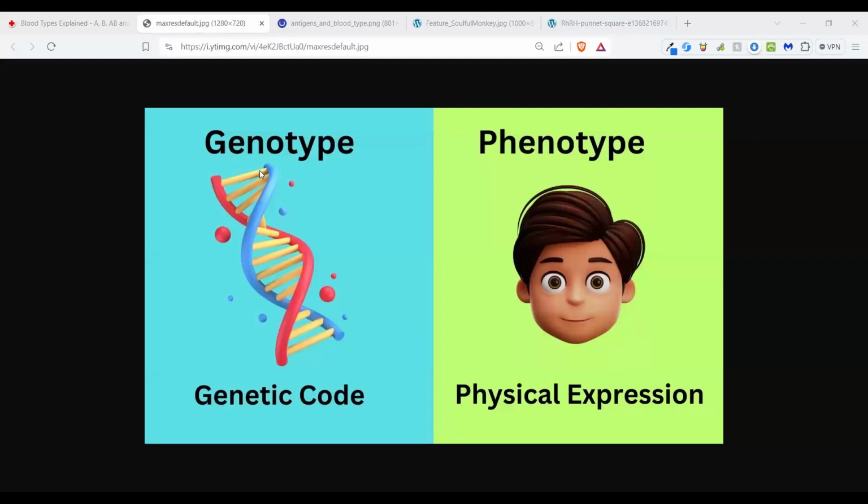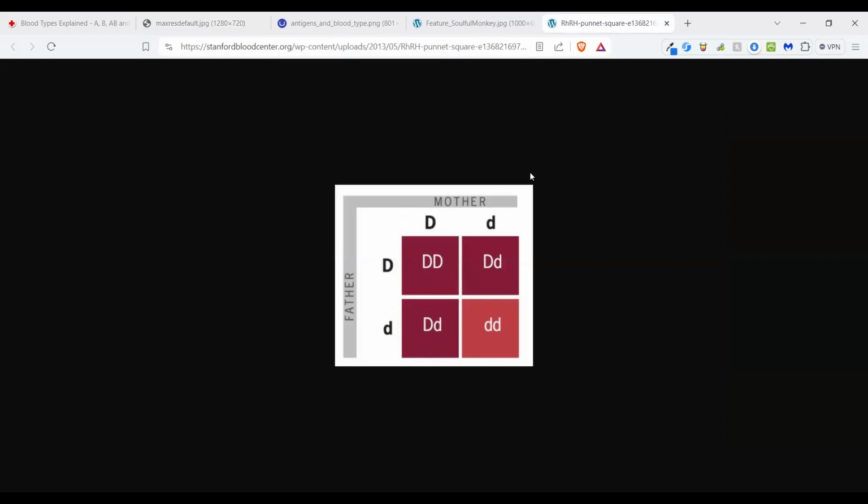And being homozygous, it could be homozygous dominant, so both alleles are dominant and the same, or both alleles are the same, but they are for the recessive alleles. So for example, in the case of Rh factor, you have a negative blood type if you have the recessive allele received from both your parents.